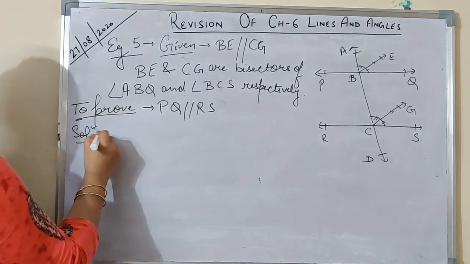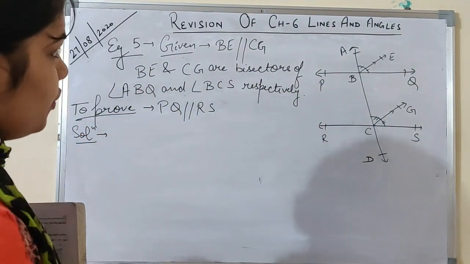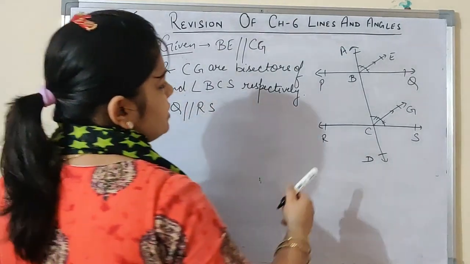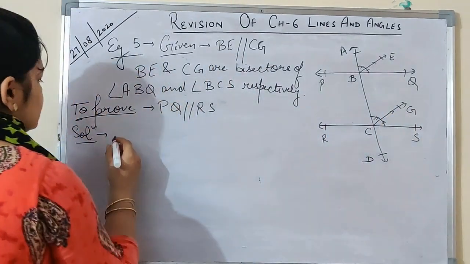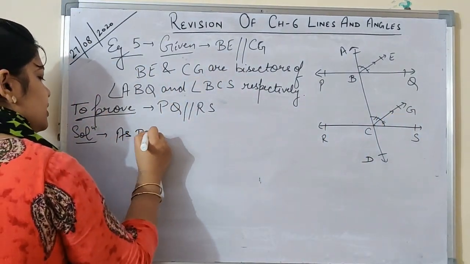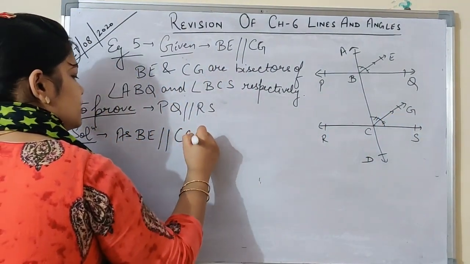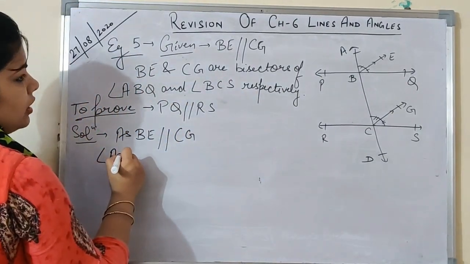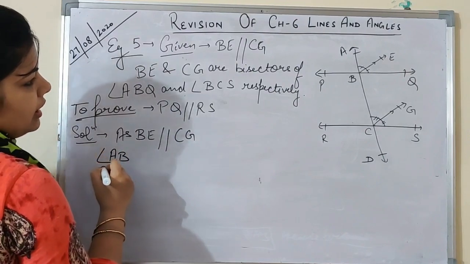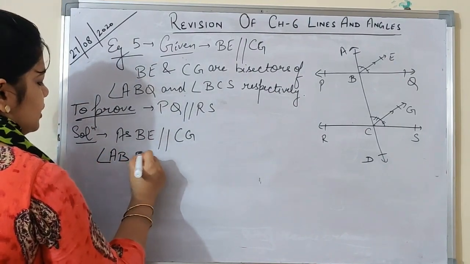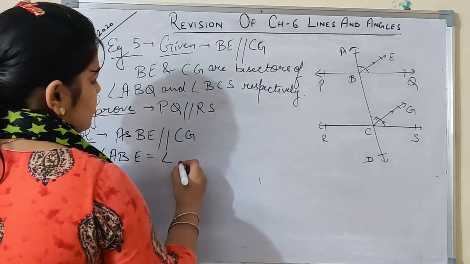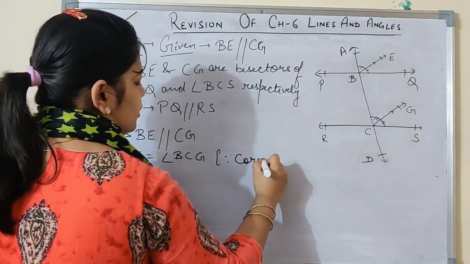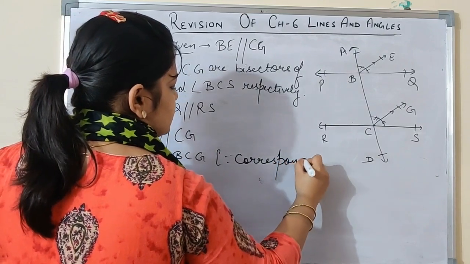Now for this, we are starting with what is given to us, that is BE is parallel to CG. As BE is parallel to CG, then what we can write? That angle ABE is equal to angle BCG because of corresponding angles.